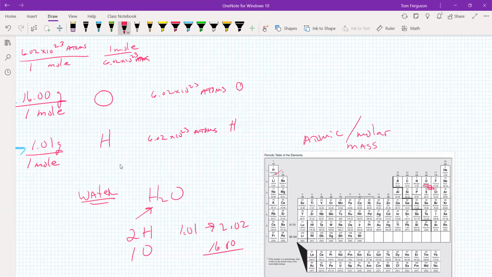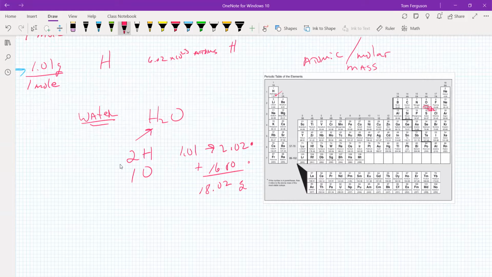So the molar mass for water, notice I didn't say atomic mass because it's a molecule, the molar mass for water is 18.02, because I added up 2 hydrogens and 1 oxygen, which gives us 18.02 grams per mole.